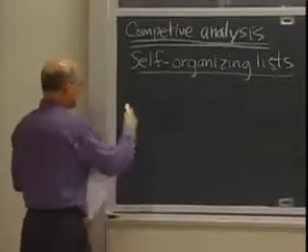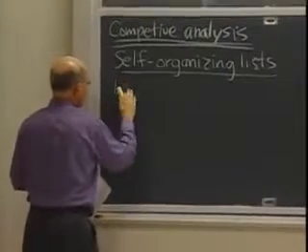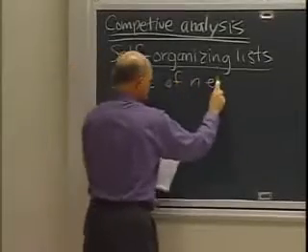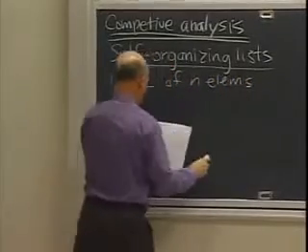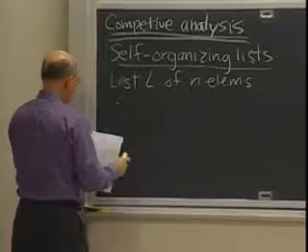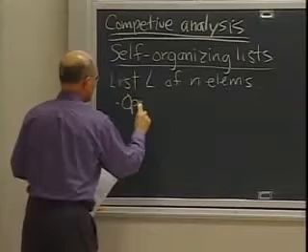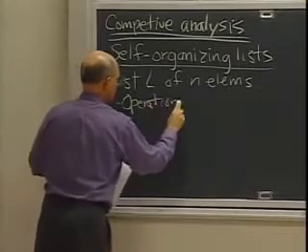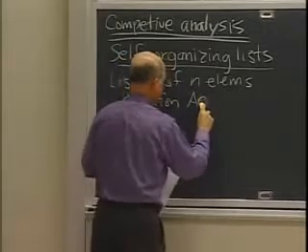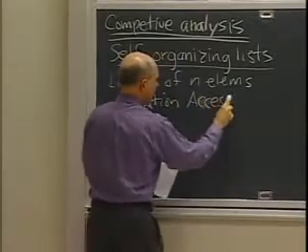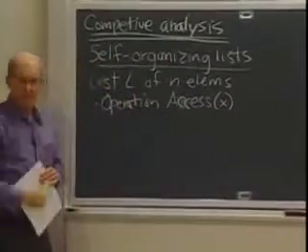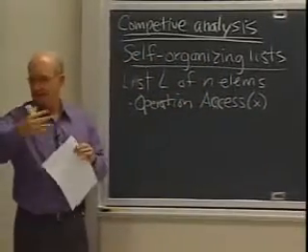Okay. And so the setup for this problem is that we have a list L of n elements. And we have an operation, Access of x, which accesses item x in the list.